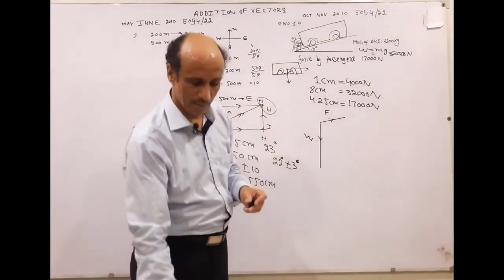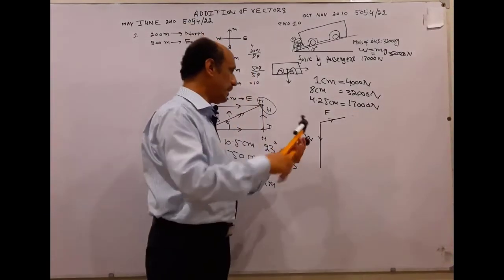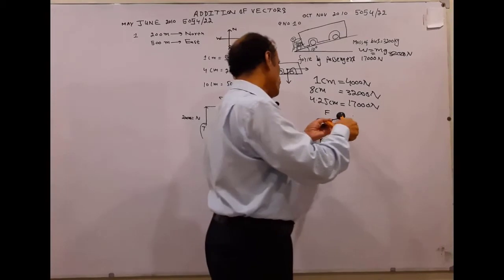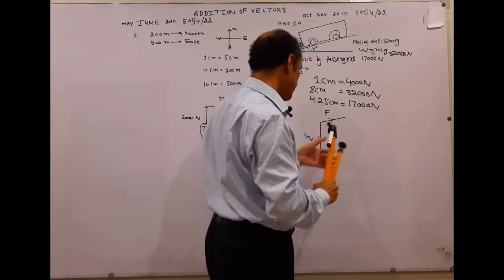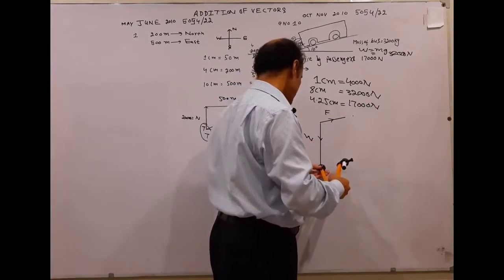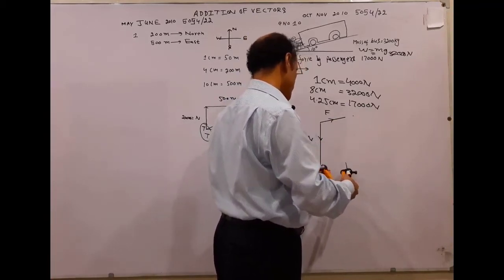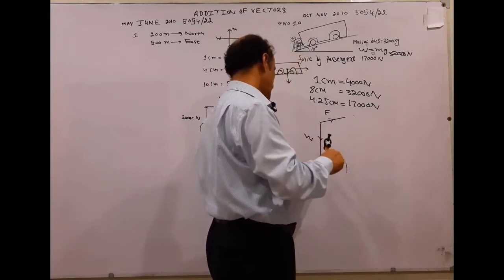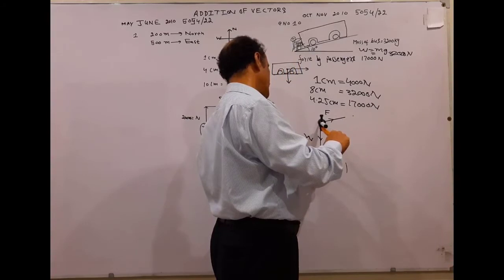Now we will draw the parallelogram, the same procedure. I will open the arc 4.25 centimeter and mark it from the other end. Similarly, I will open it 8 centimeter.